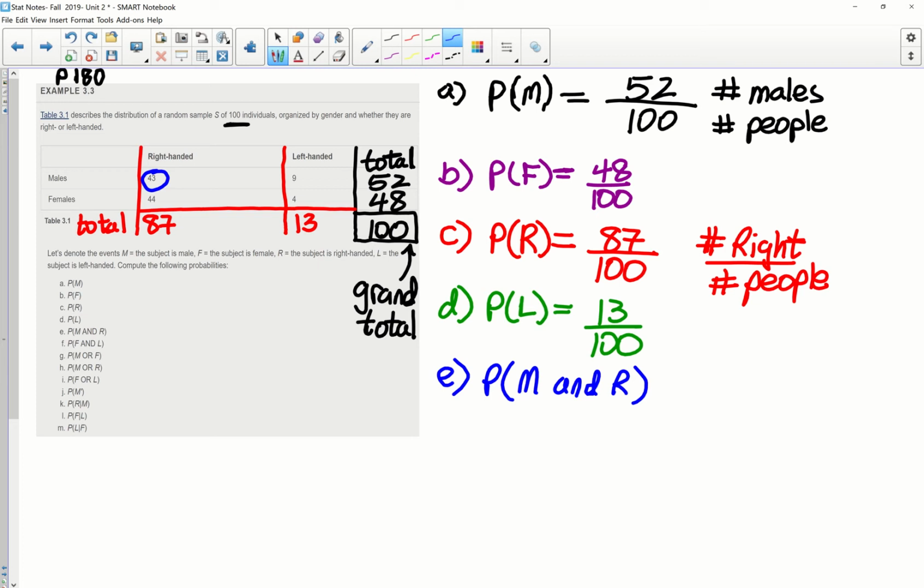The individual has to be right-handed and male at the same time. So anybody in that category would necessarily be a right-handed male. So that's 43 out of the grand total.